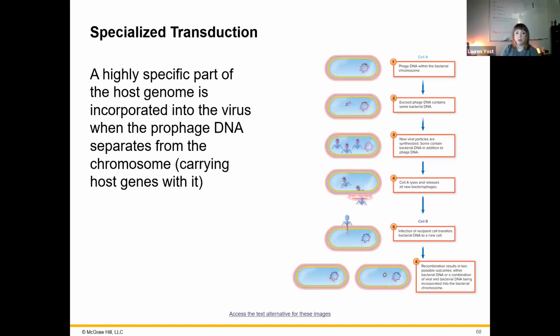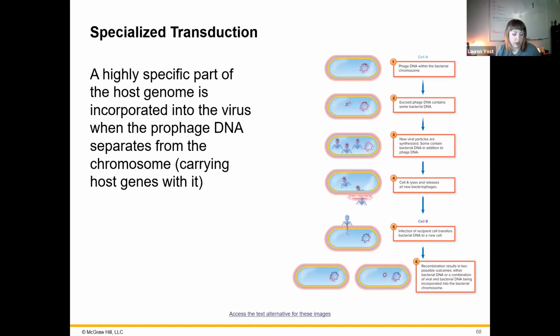It's unpredictable though. With specialized transduction, we have incorporation of our genome as bacteriophages, as viruses that infect bacteria. These come along and insert their DNA into the host genome, into the host chromosome, and that will be often at specific spots in the host chromosome.